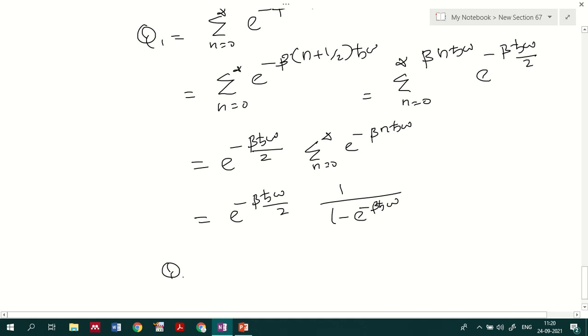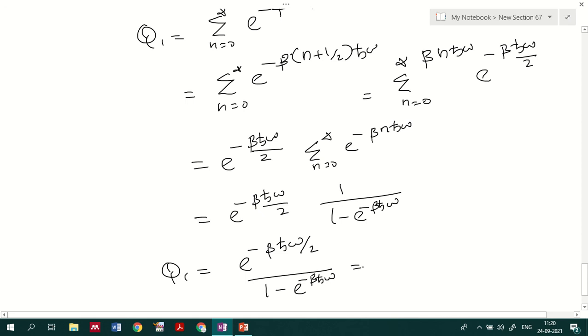So then q1 I'll be getting as e raised to minus beta h cross omega by 2 divided by 1 minus e raised to minus beta h cross omega.